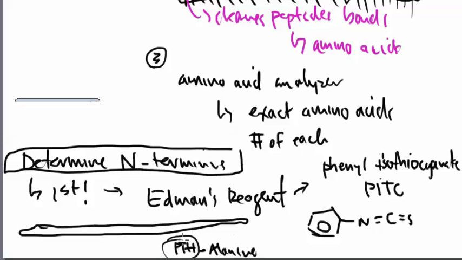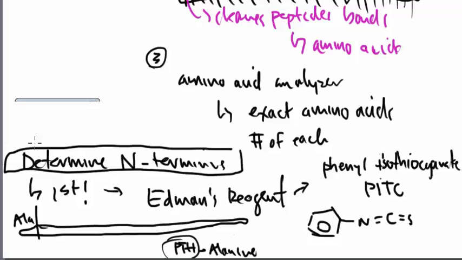That basically is letting me know that this is the Edman's reagent product, and it has pulled alanine off. So that means alanine is in the very first spot in the amino acid chain. So very, very important. Edman's reagent, it's as simple as that.